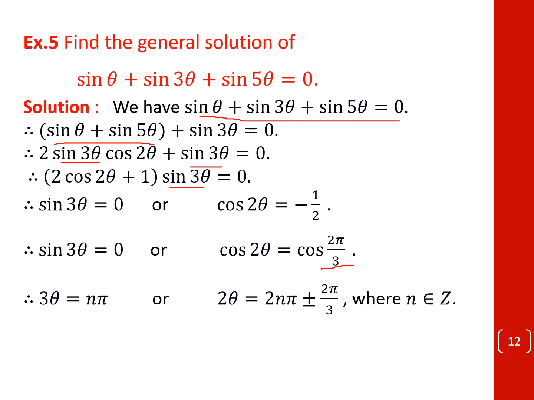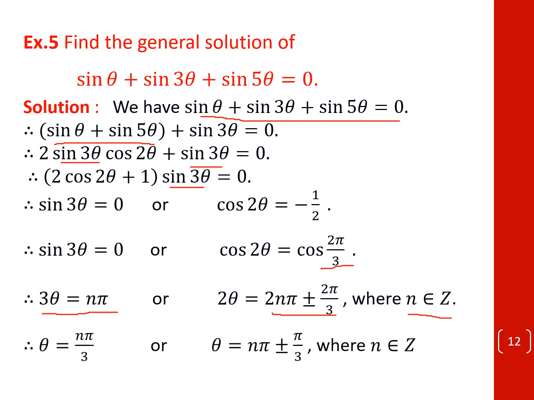Therefore, we have 3 theta equals n pi or 2 theta equals 2n pi plus or minus 2 pi by 3, using result cos theta equals cos alpha, where n belongs to Z. So student, we have theta equals n pi by 3 or theta equals n pi plus or minus pi by 3, cancelling this 2 here, where n belongs to Z. So student, which is the required general solution?